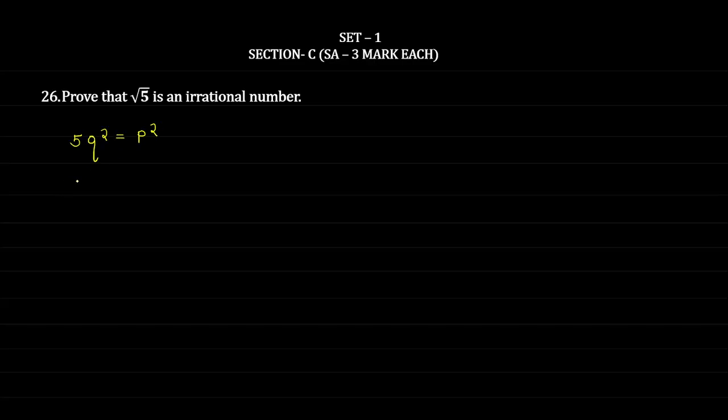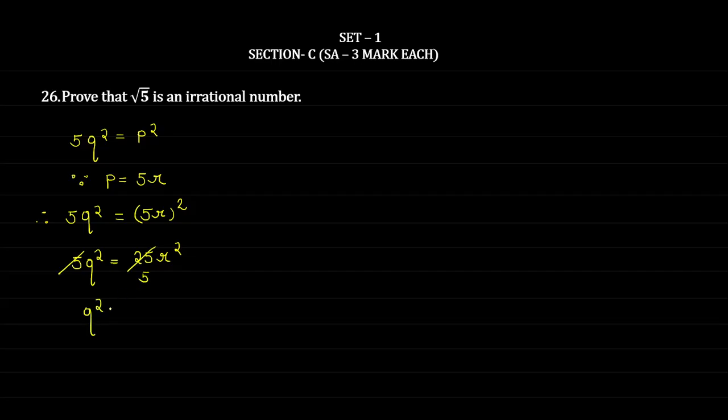And from equation number 1, we know that P is equal to 5R. Okay. So let's put the value here. 5Q square, therefore, is equal to 5R whole square, right? And this is 5Q square is equal to 25R square, right? Let's simplify this. That will be giving me Q square is equal to 5 times R square.